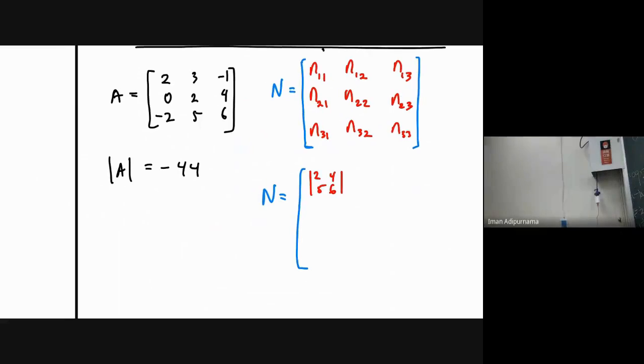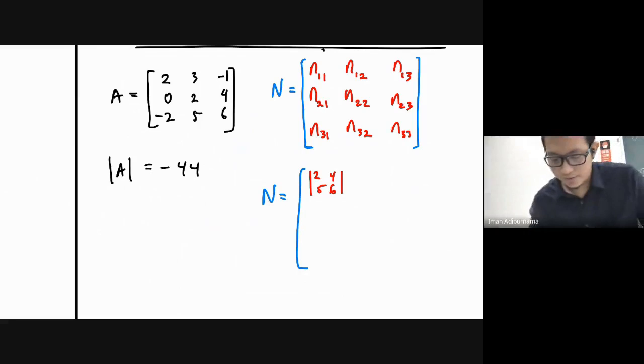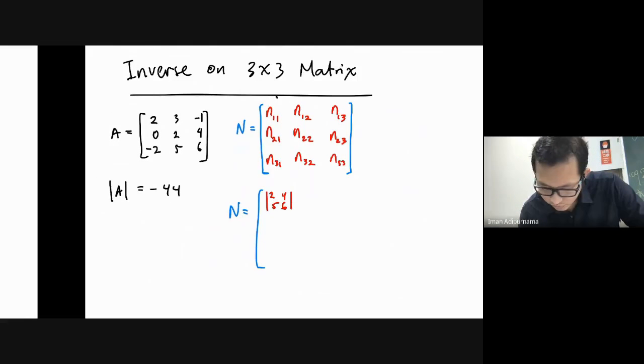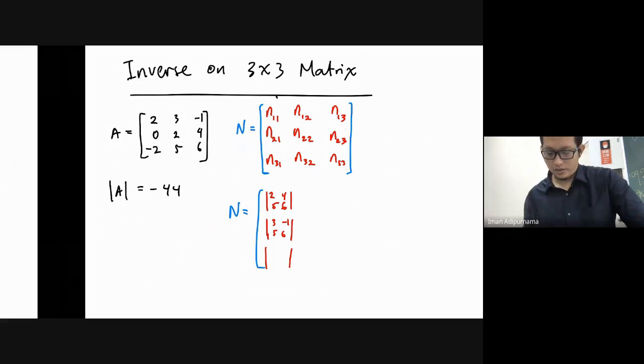And then for 2 1, we cover the middle row and the first column, and we have 3, negative 1, 5, 6, and we calculate all together. So 3, negative 1, 5, 6, and then 3, negative 1, 2, 4.